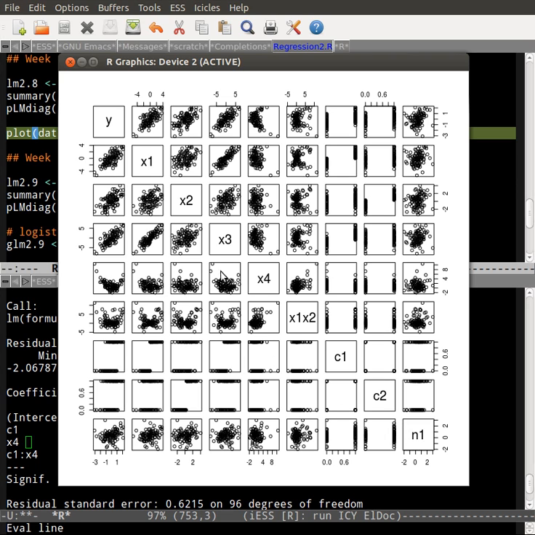And now what we have is x4 is my curvilinear relationship. So the best way to see x4 and y is if I have y on the x-axis and x4 on the y-axis. So I flip them, you'll see that it has this U shape. And that U shape, not good. We really don't want that U shape, because what that does is that indicates that a straight line of best fit isn't going to work very well.